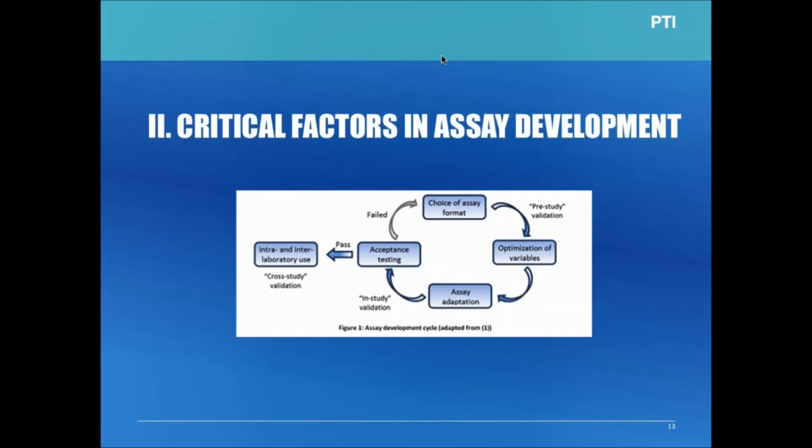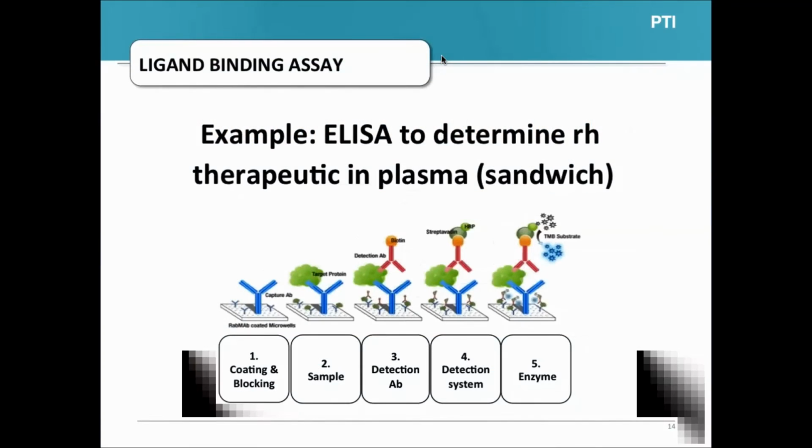When we look at the critical factors that we need to take care of in assay development, for the sake of time, I did pick the ELISA and a sandwich ELISA in order to highlight one of the aspects. So when you look at a typical sandwich ELISA, you have several steps that you have to run through, and that is, for example, the coating and the blocking.